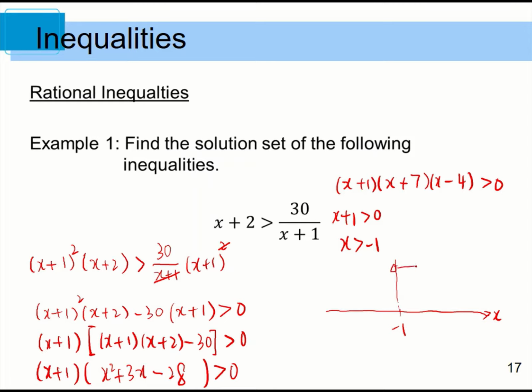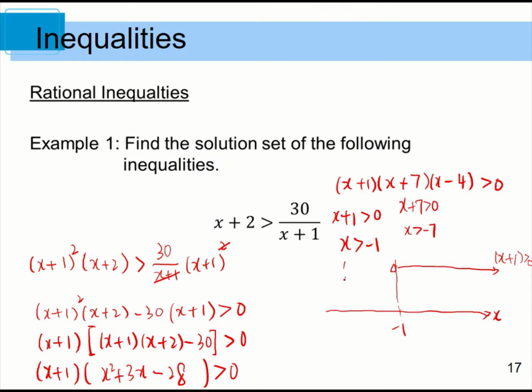So, for the value of x more than negative 1, x plus 1 is more than 0. The line shows that x plus 1 is more than 0, so this line represents positive values. Then if x plus 7 is more than 0, x is more than negative 7, right?